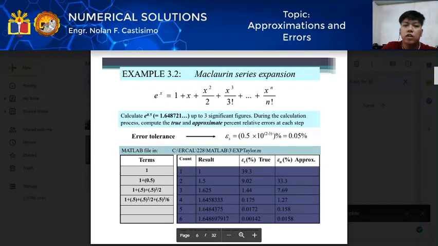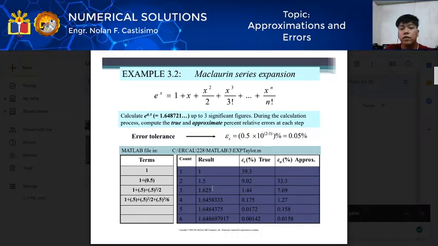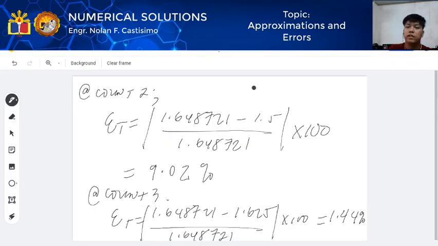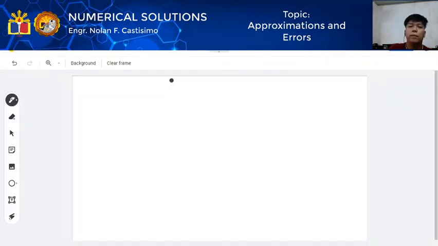Okay? So, ganun na rin yung pag-solve ninyo sa mga sumusunod na mga value ni true percent relative error. So, ganun lang yung pag-solve. Okay? So, ito yung approximations natin sa result and then gagamitin lang natin yung true value natin.